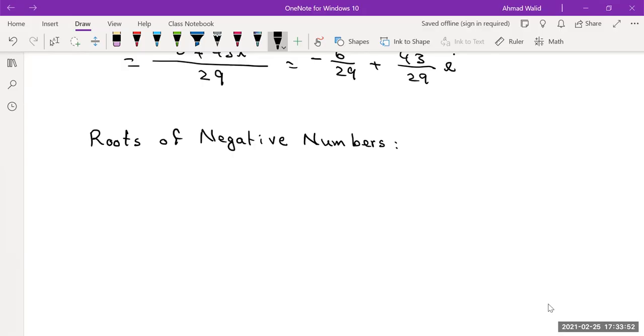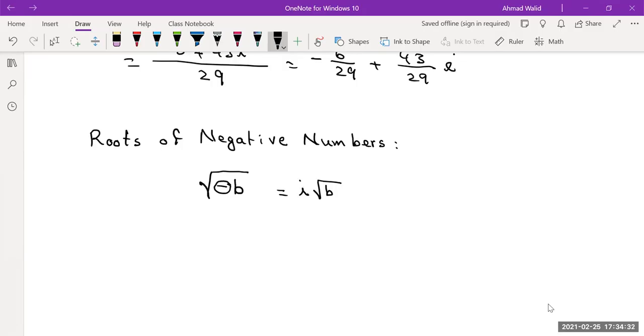Remember, I explained to you the first day when I started with imaginary numbers, or I can call them complex numbers, that if I have a negative number under the square root, for example, the square root of negative b, b can be any number, I'll take the square root of b, whatever b is, and because of this negative, I'll represent my negative as what?